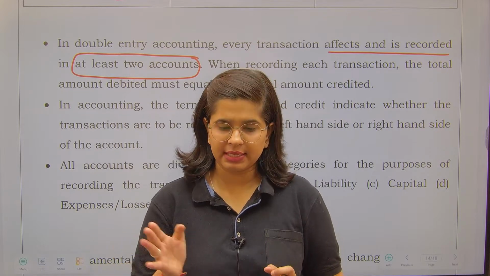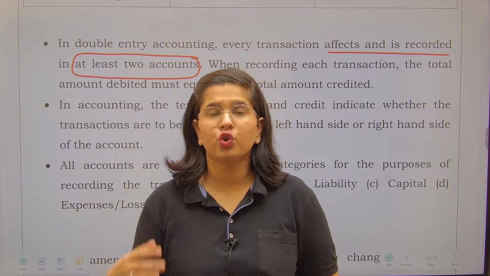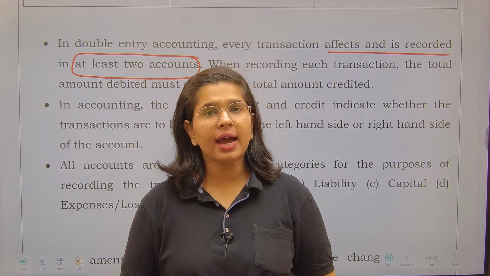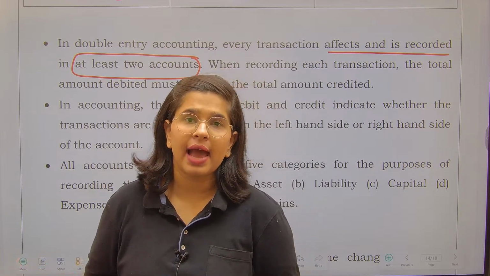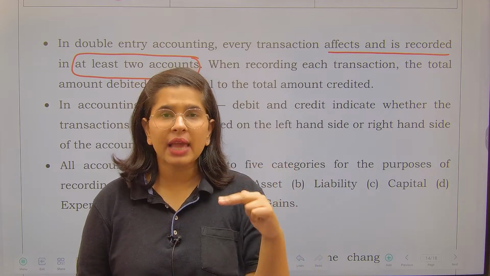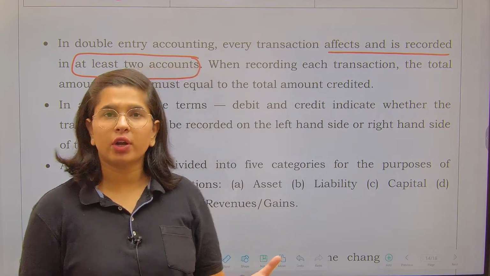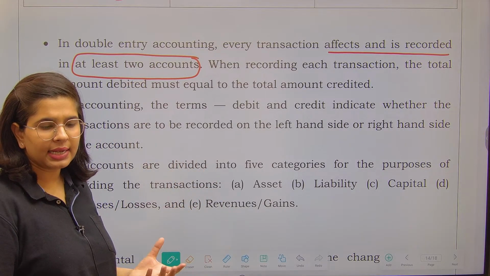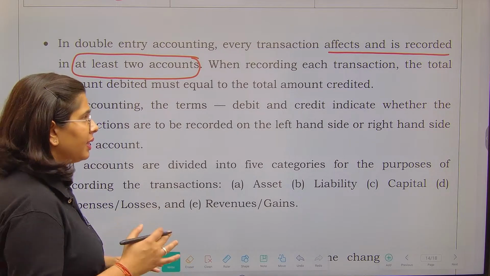My expenses are increasing. 2 lakh rupees I am going to give out of the cash, so to cash account 2 lakh rupees. The rest, 8 lakh rupees, I gave from the bank. So the rest of the entry will be to bank account 8 lakh rupees. My total entry will be salary account debit 10 lakh rupees, to cash account 2 lakh rupees, to bank account 8 lakh rupees. This is what I wanted to explain: it is not the case that only two accounts will be there. More accounts can be there.